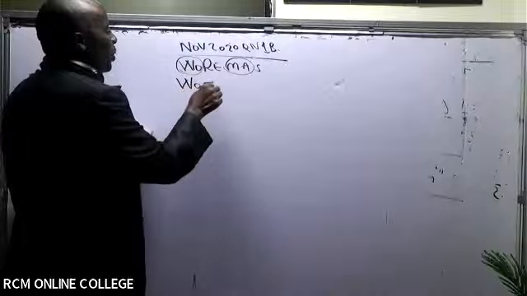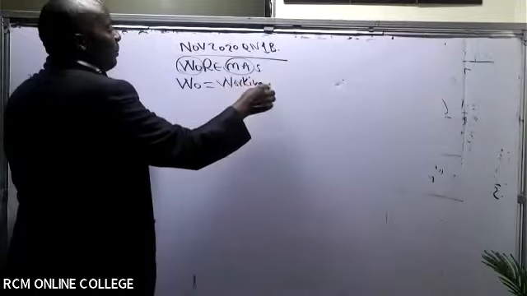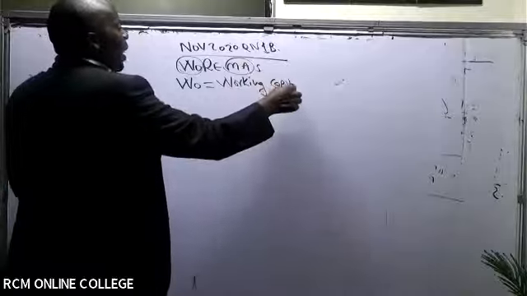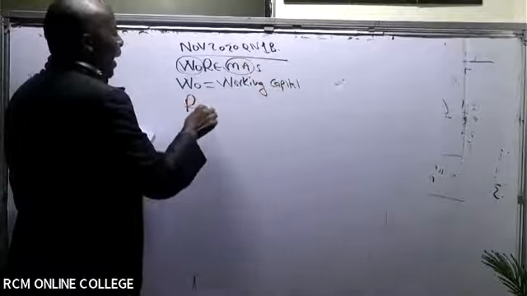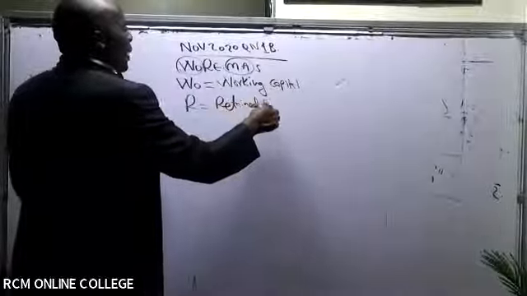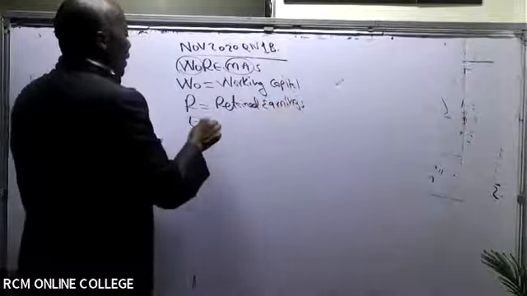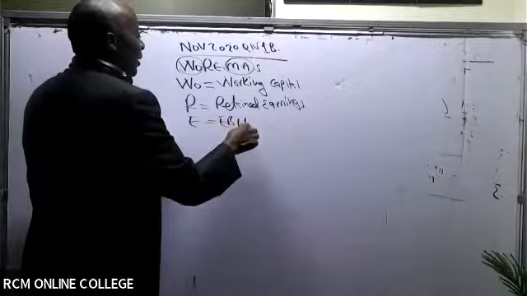WO stands for working capital. Then we have R, which stands for retained earnings. We have E standing for EBIT.